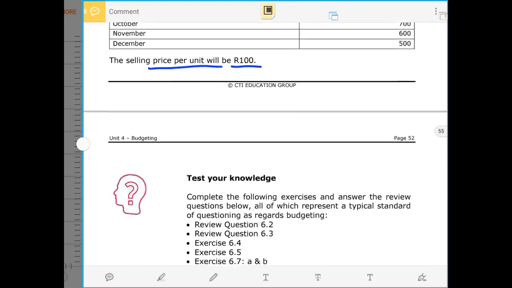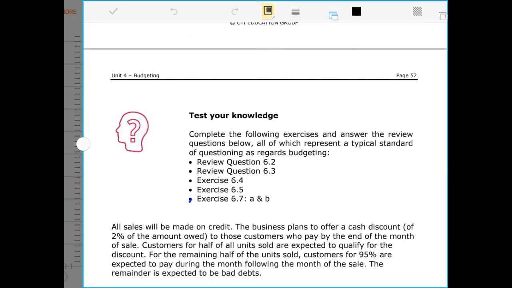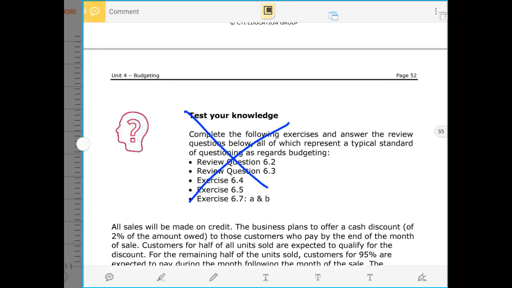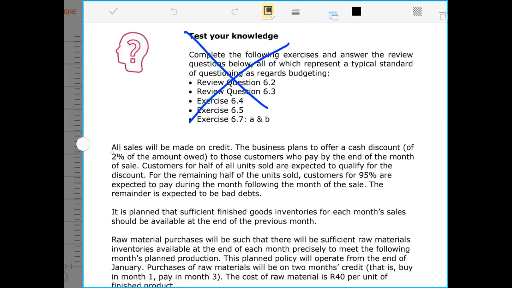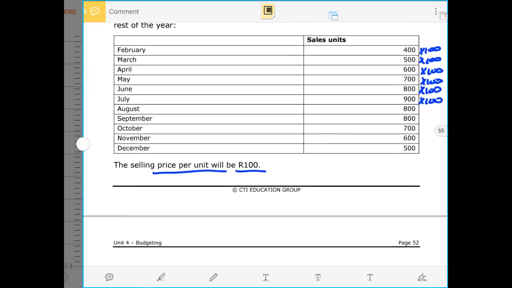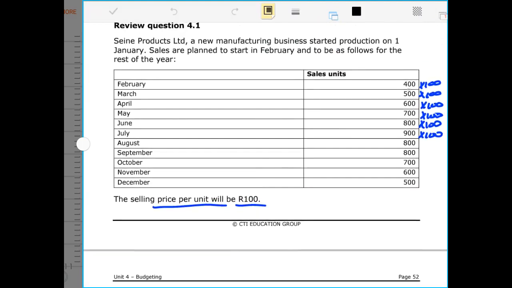Below, they give us information that continues, and it says all sales will be made on credit. That means all the sales that we see in the information given, in this case 400 times 100, give us 40,000.